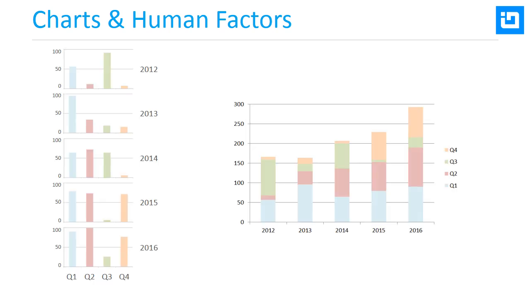Here are two alternatives. On the left, this is a panel chart. Edward Tufte also calls this small multiples. It's a decomposition of the 3D chart into 5 individual charts that share the same categorical label but are separate for all the years.